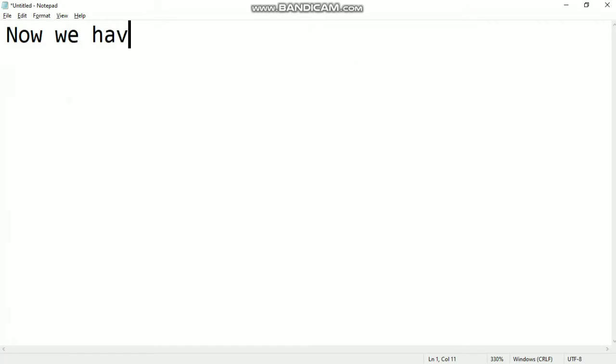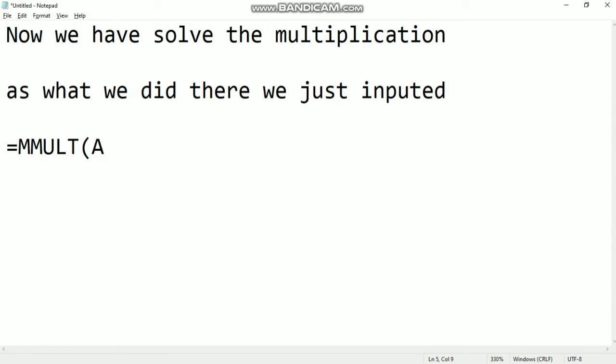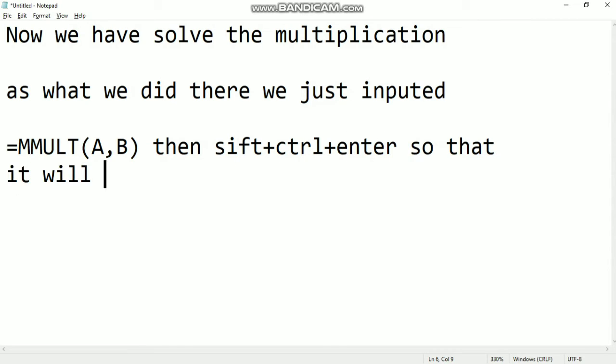Now we have solved the multiplication. As what we did there, we just inputted equals MMULT(A, B). Then Shift plus Control plus Enter so that it will automatically show.